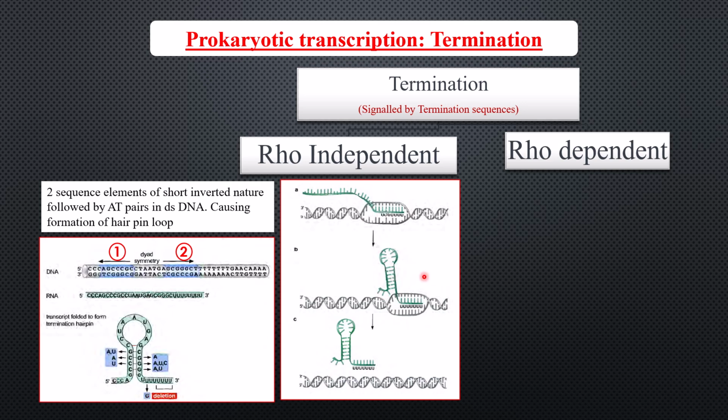Because of this weak strength, when RNA polymerase goes in this direction, it acts as a hindrance or obstruction, which helps in the release of the RNA polymerase from the DNA template. And that's how the process of transcription will end.